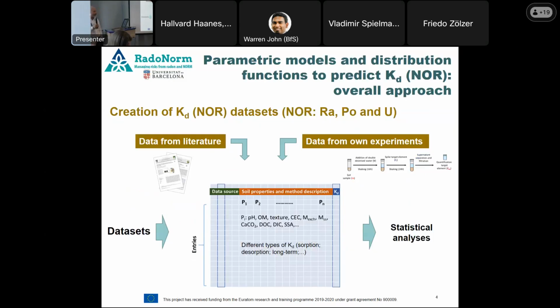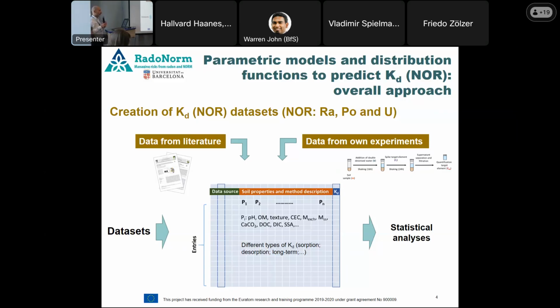Focusing on our part, just two slides to share with you the overall approach. On one side, we detected that there were data gaps on KD, maybe not so many for uranium, but for sure for radium and polonium. So we decided to carry out a number of experiments in order to obtain sorption and desorption KD values with a nice soil collection that we have, with more than 30 soils, well characterized with a number of interesting soil properties.